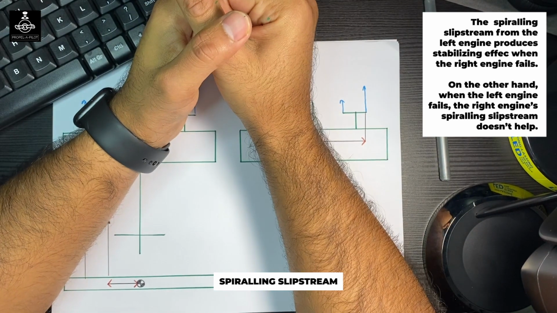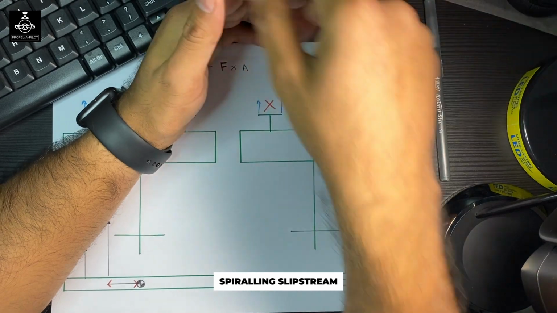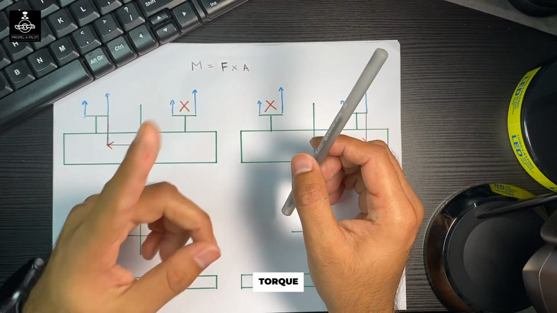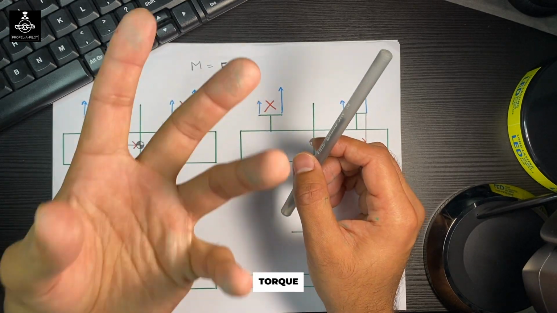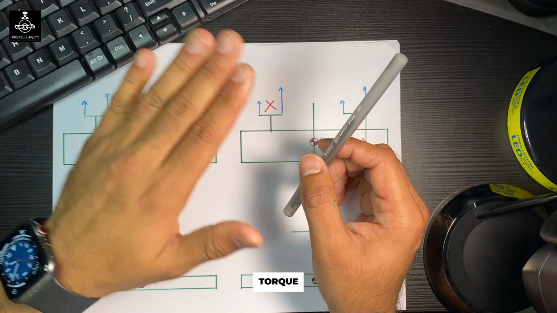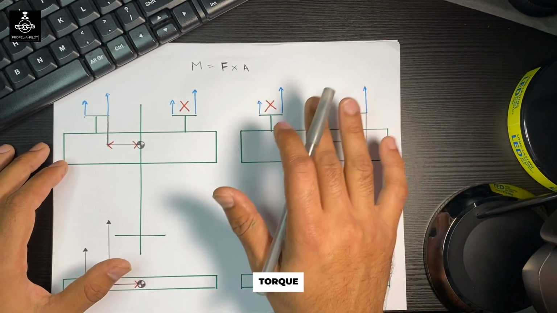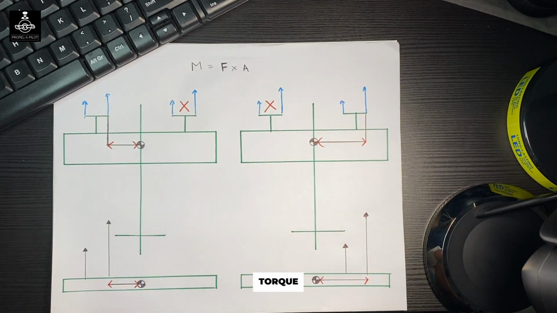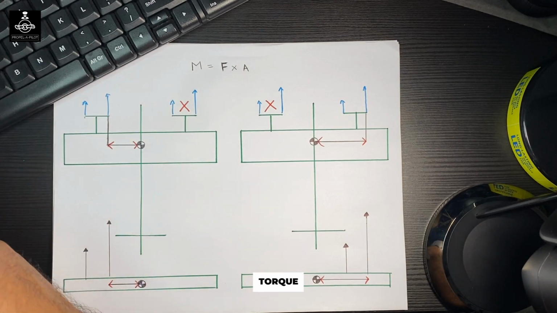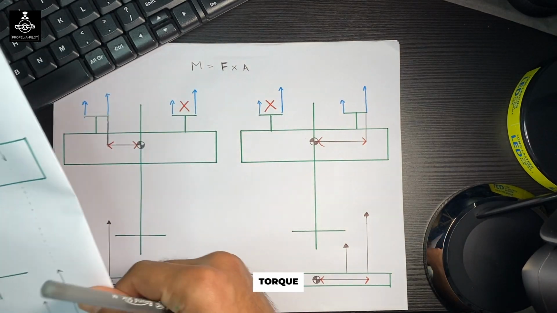Now comes the torque effect. Torque effect, you have to learn it and remember the way I explained it. If you give the same explanation to the examiner, that's all he would need. So torque, let's go back to our torque understanding and see what we talked about when we were talking about torque as a left turning tendency.